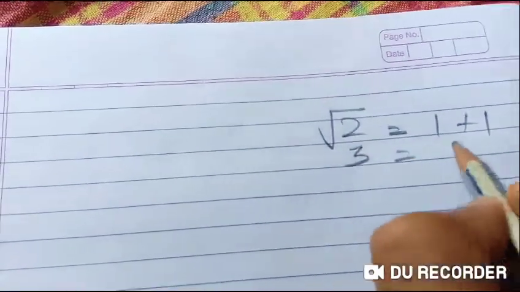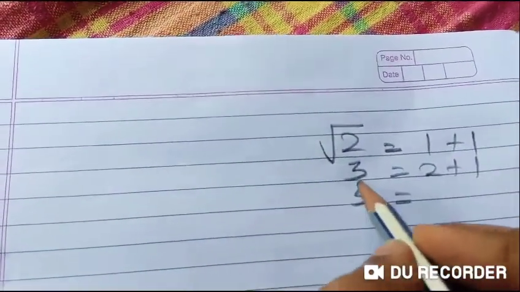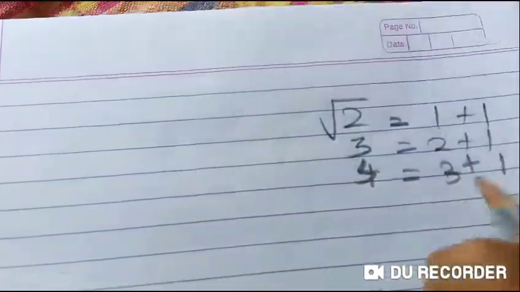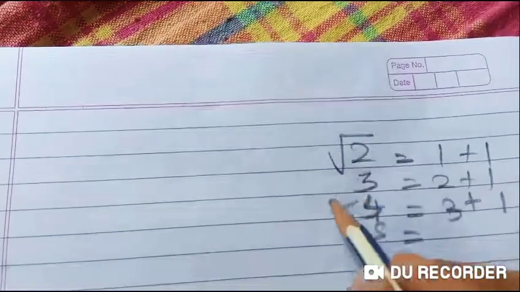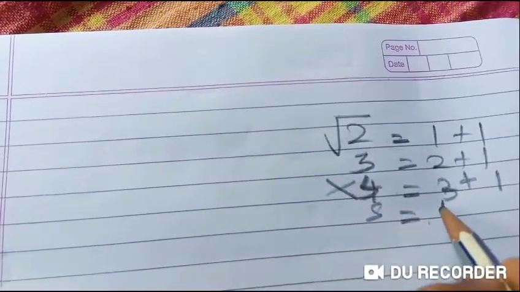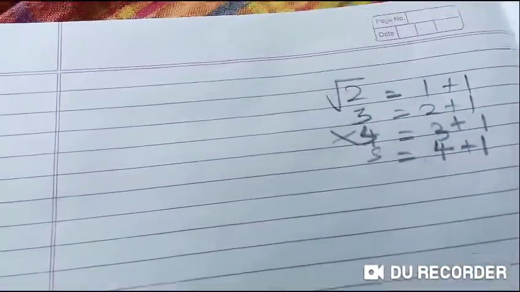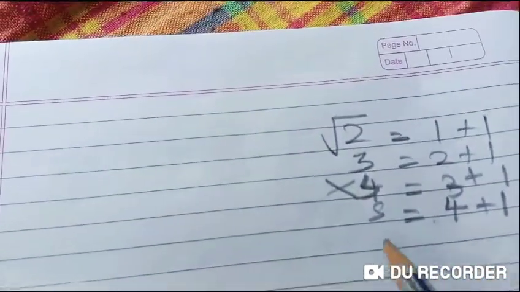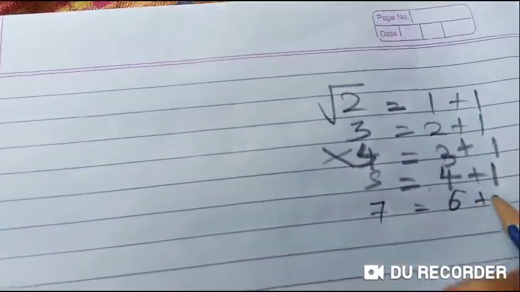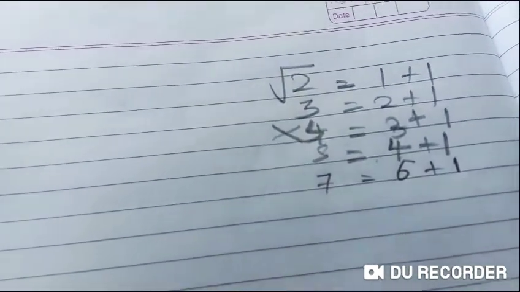When you were finding root 3, you did 2 plus 1. When you find root 4, you might do 2 plus 3 plus 1. For 5, you have to do 4 plus 1. For 6 no need, for 7 you will be doing 6 plus 1. So this is how you are going to plot the points very easily.